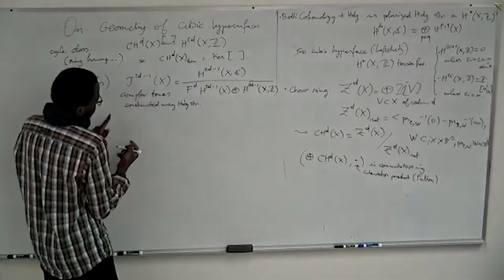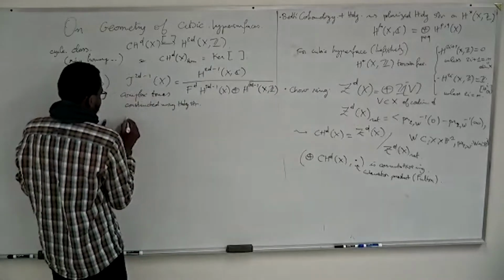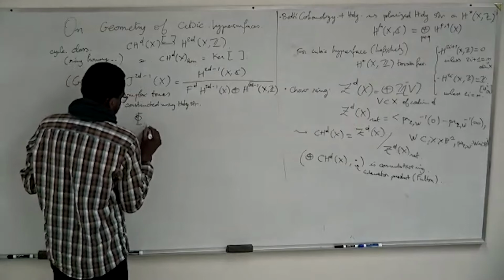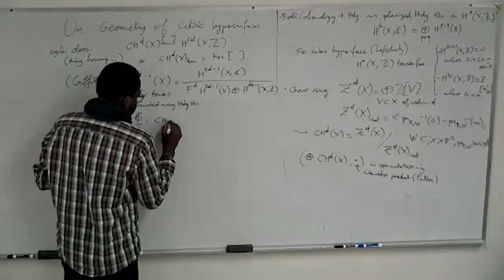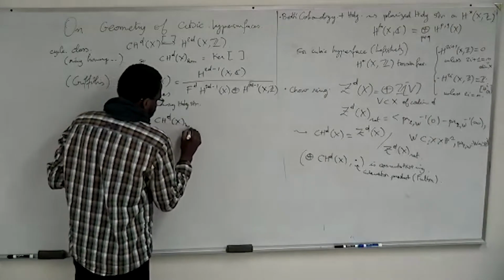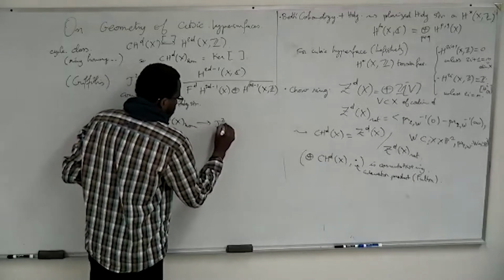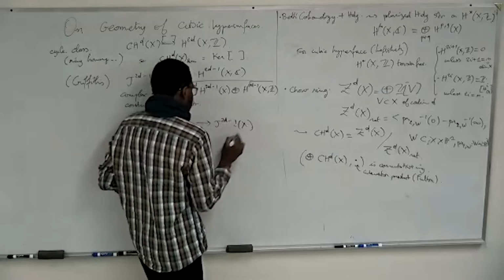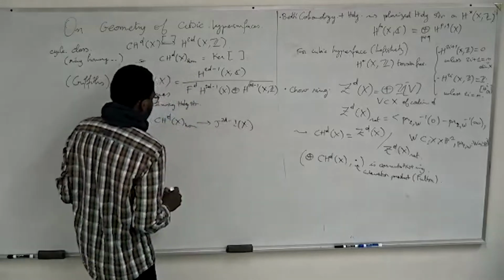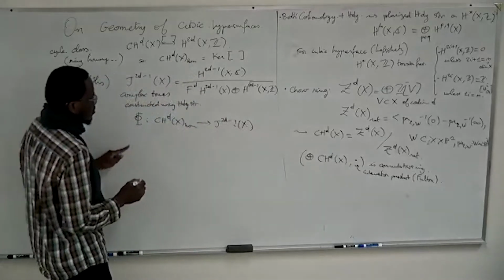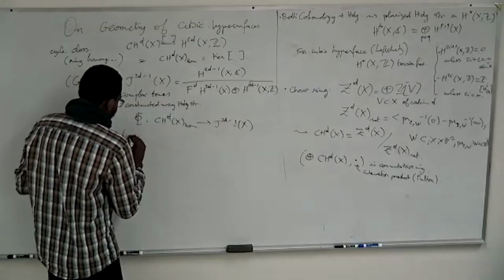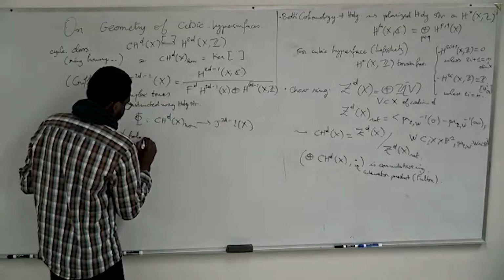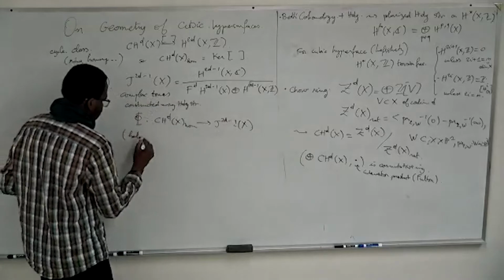And it comes with a map, which is in some sense holomorphic, or algebraic if the complex torus is algebraic.